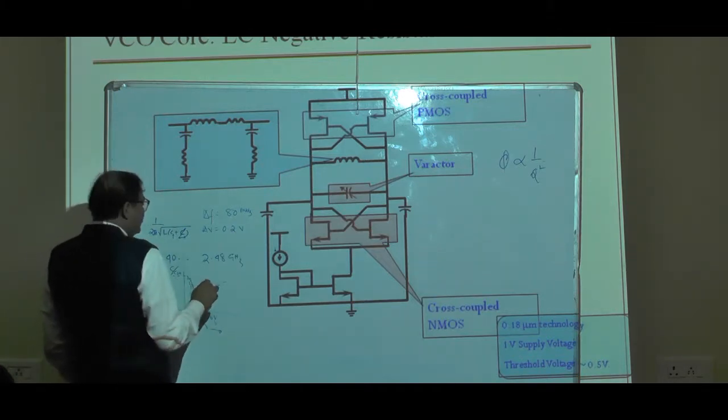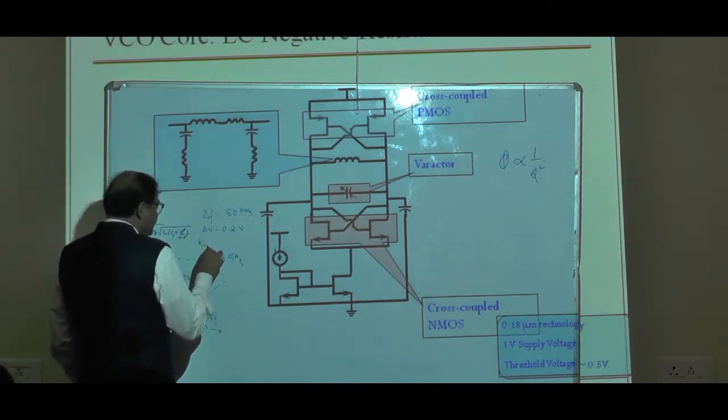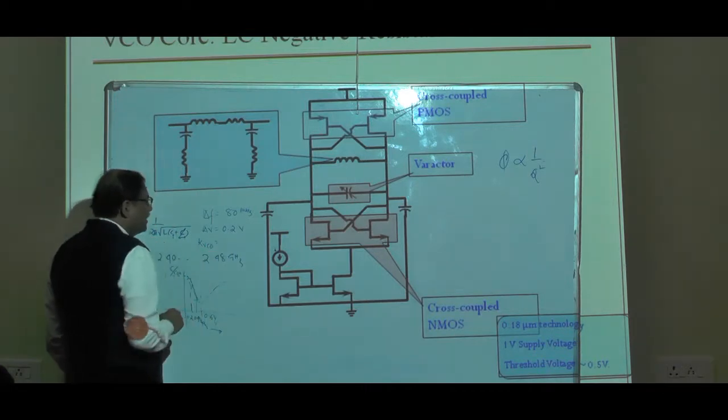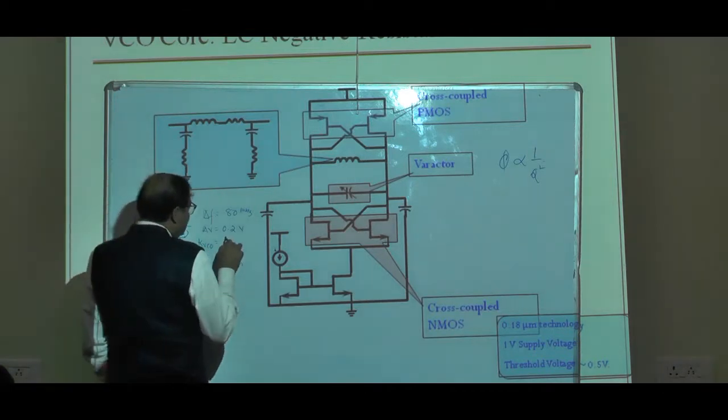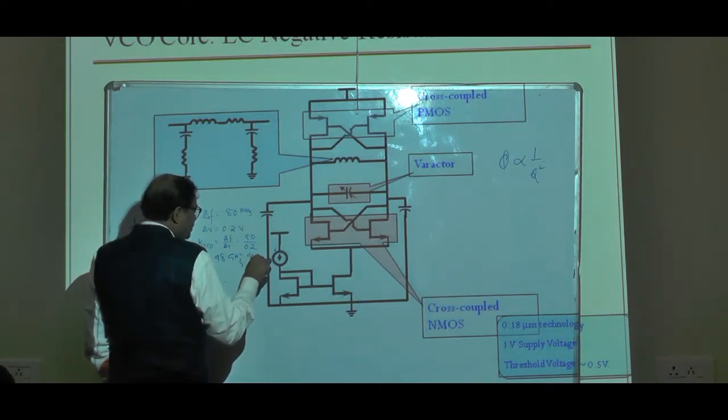So there is a term called KVCO, that is the VCO gain, which is nothing but delta F by delta V. So it is 80 by 0.2. That means it is 400 megahertz per volt.